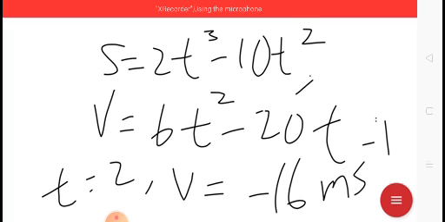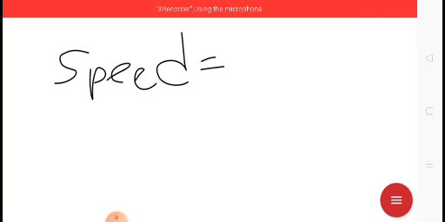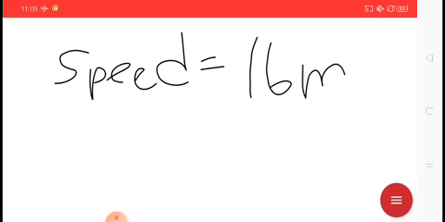So this negative 16 meters per second is a velocity, but the question asks you to find the speed. You know that the difference between velocity and speed is the direction. So for this question, you should put the speed equal to only the magnitude, 16.